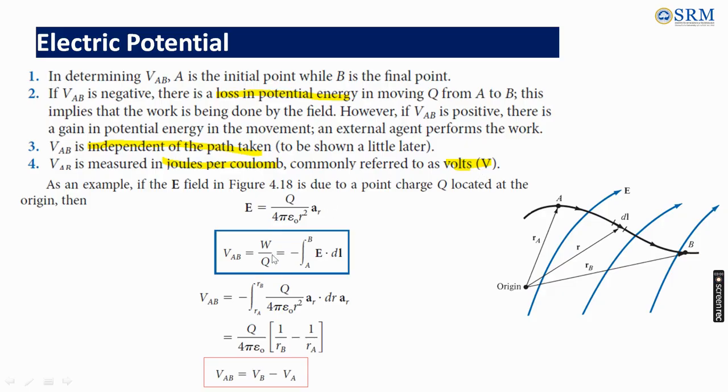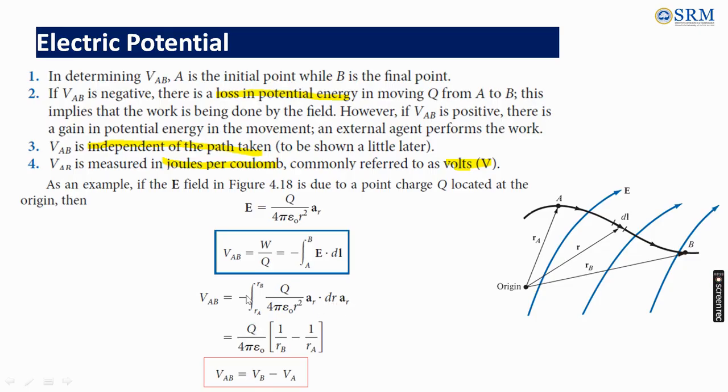From this relation, we are going to apply the formula for electric field intensity due to a point charge, Q divided by 4 pi epsilon naught R square into AR cap. If we apply it, the dl now changes to dr into AR cap because it is along the AR vector only.